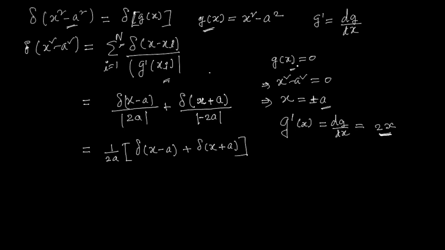So in this case, g(x) is a function of x square, so we got two solutions because of that. In this expression, we got only two terms. If we get a function like g(x) being a function of x cube, then we'll get three solutions, and at that time we'll get three terms here. Okay. So this way we can represent a Dirac delta function when it is itself a function of another function.